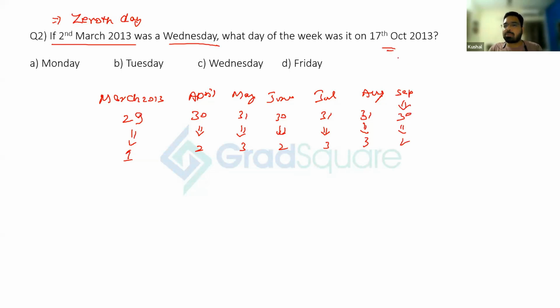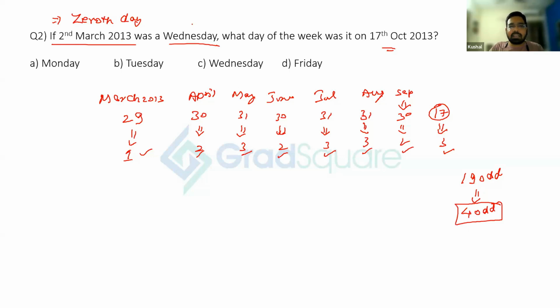I'm not looking at October at the moment, or let's finish October also. This has got 17 days that you are looking at, which will have how many odd days? 3 odd days. Now look at the number of odd days: 1, 2, 3, 6, 7, 8, 9, 10, 11, 14, 15, 16, 17, 18, and 19 odd days. If it has got 19 odd days, effectively you have how many odd days? You have 4 odd days.